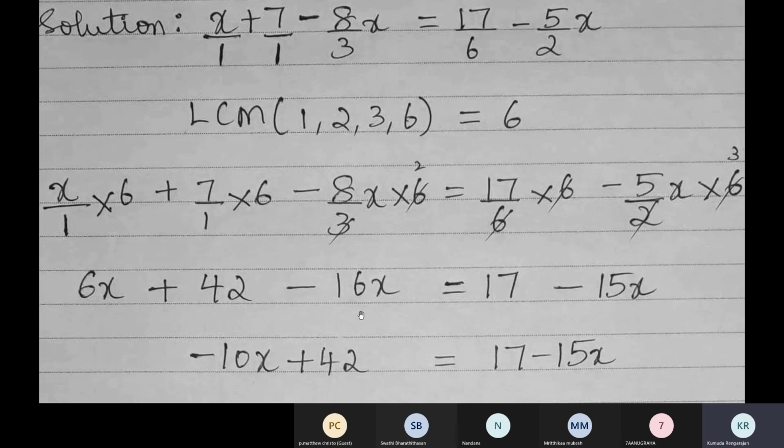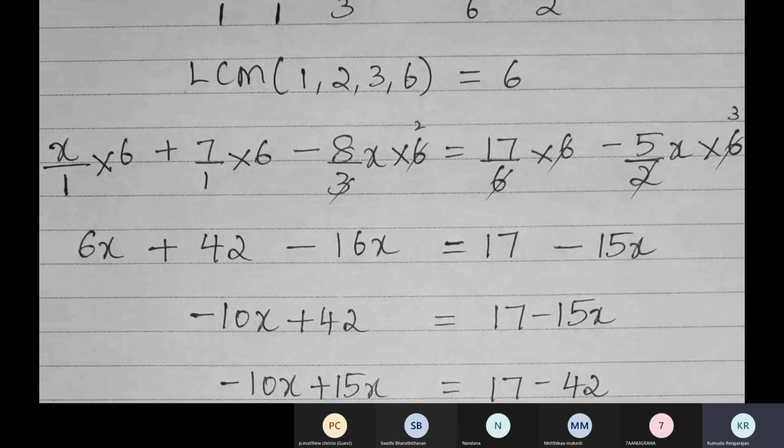So 6 minus 16 is minus 10, x as it is, plus 42. We have not transposed. We are just trying to simplify the terms in the LHS. 6x minus 16x is minus 10x plus 42 is equal to this one. You cannot simplify it. I've written it as it is.